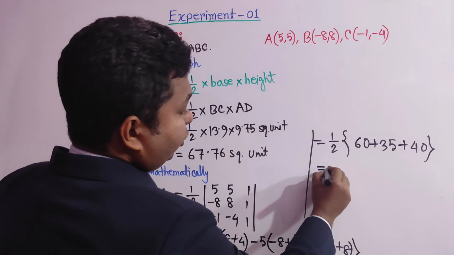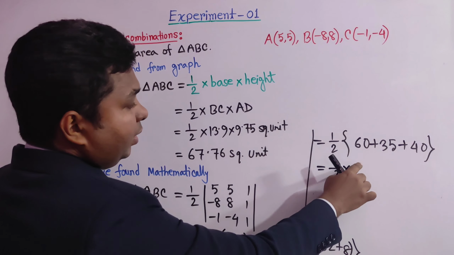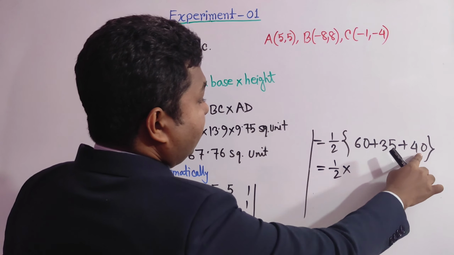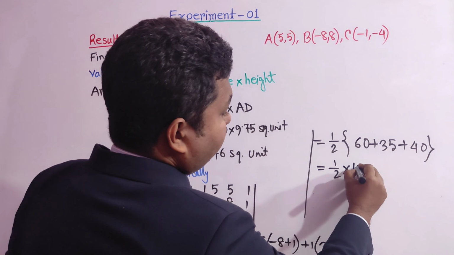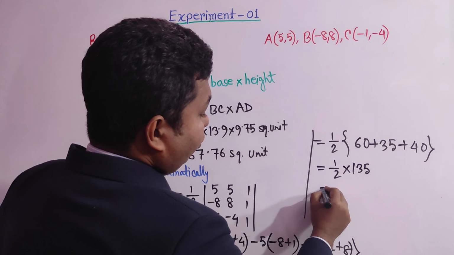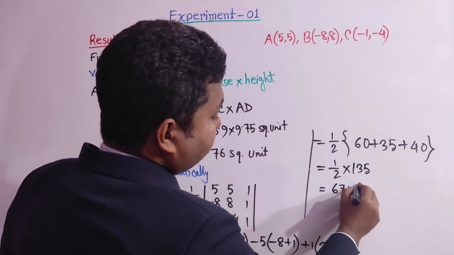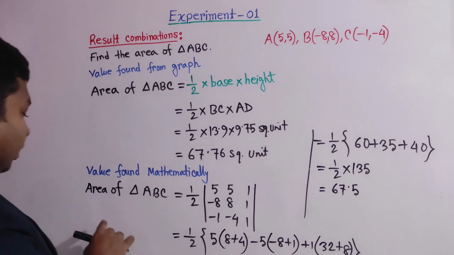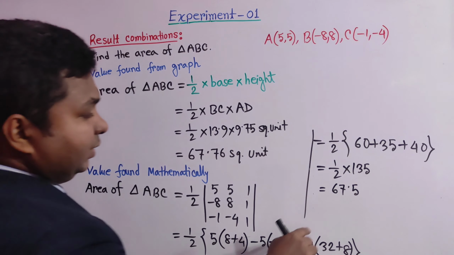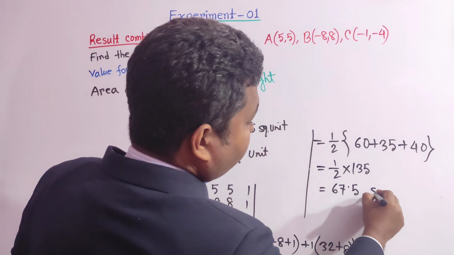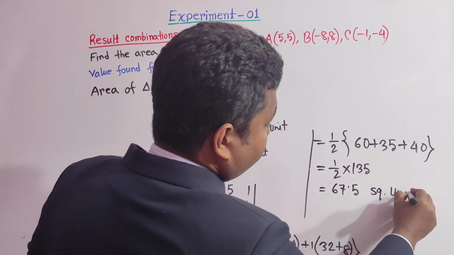Then by calculation half into here 60 plus 35 plus 40 equal to 135. Then by calculation 67.5. So the area of triangle ABC is 67.5 square unit.